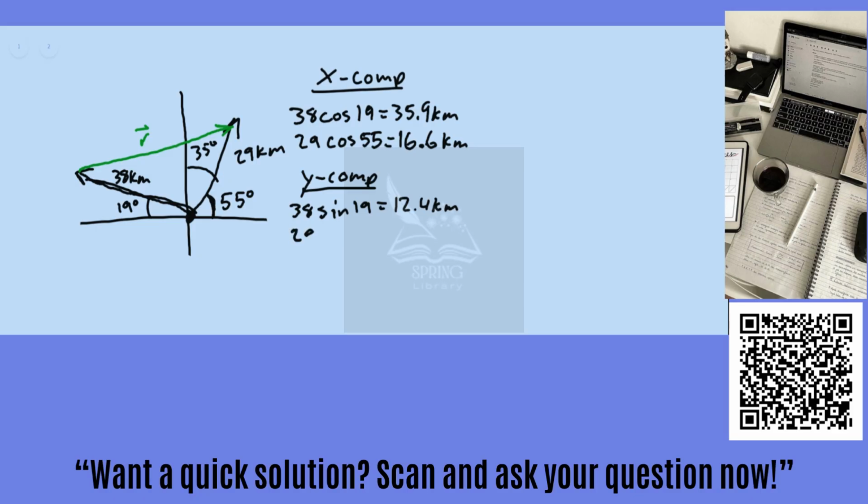And we have 29 times the sine of 55 degrees, which is equal to 23.8 kilometers.